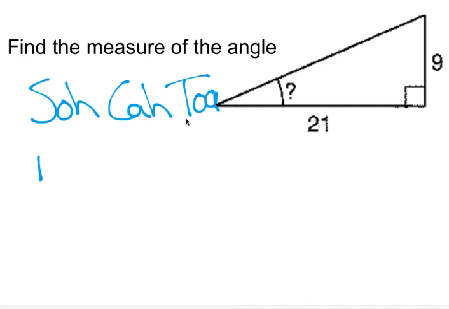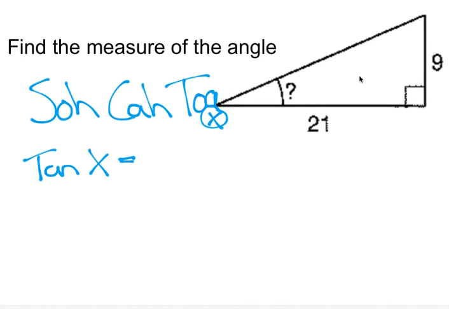So tangent of the angle, which I'm not sure what this angle is. I'm just going to label the angle as, we'll say x. So tangent of x, which is what I'm trying to figure out, will be equal to the side ratio of opposite over adjacent.